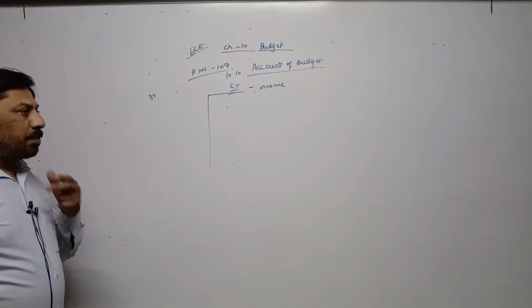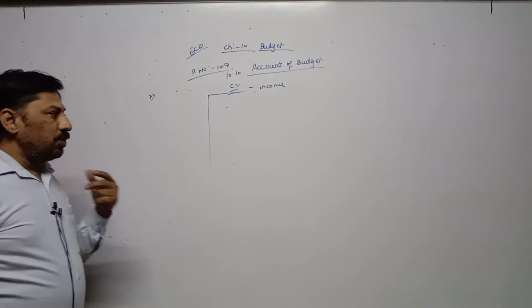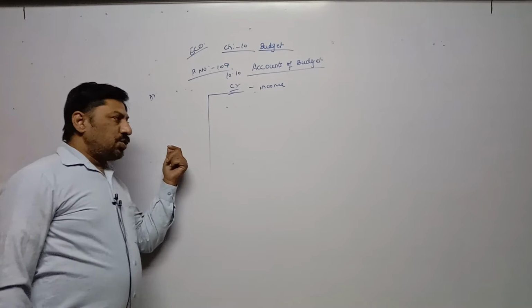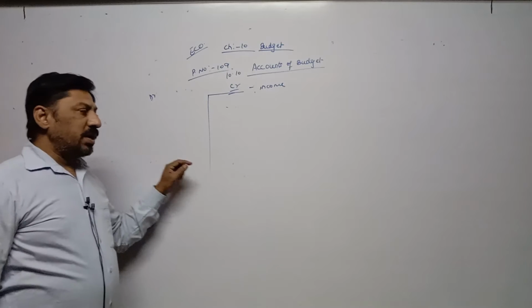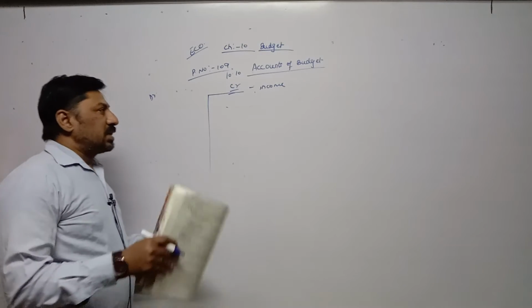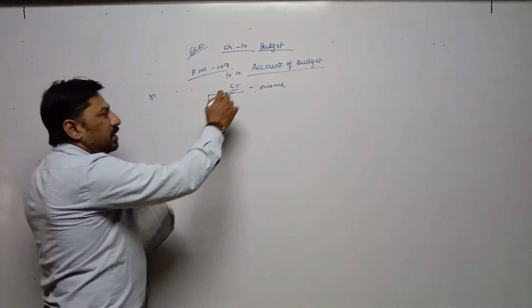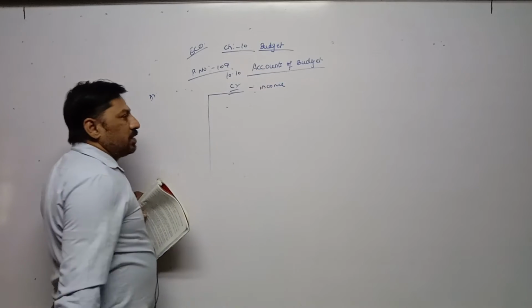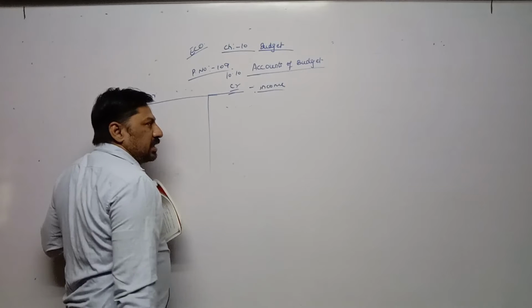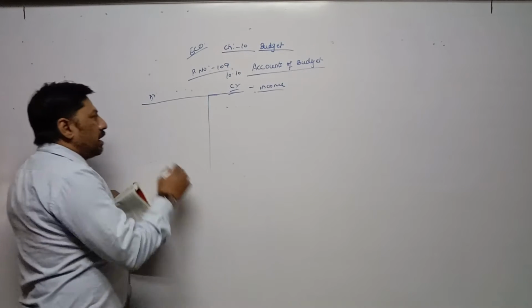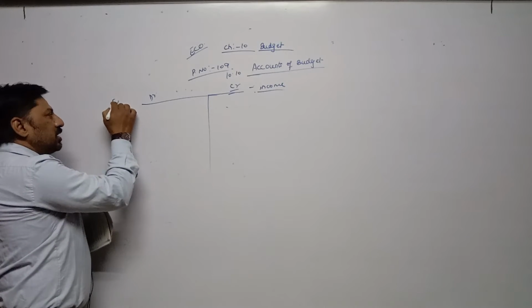In double entry bookkeeping, every transaction has two effects, and one is shown on the debit side in one account and the other effect is shown on the credit side in another account. On the same principle, government is also preparing budget. So in their account too, the credit side is considered as income and the debit side is considered as expense.